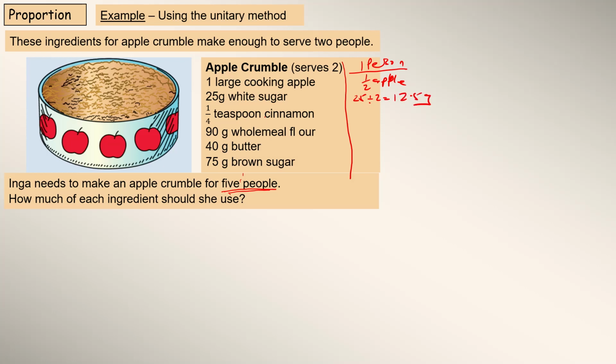Half of a quarter, which is an eighth. Half of 90, so it's going to be 45 grams. This is a teaspoon. Butter would be 20 grams, and brown sugar would be half of 75, which would be 37.5.